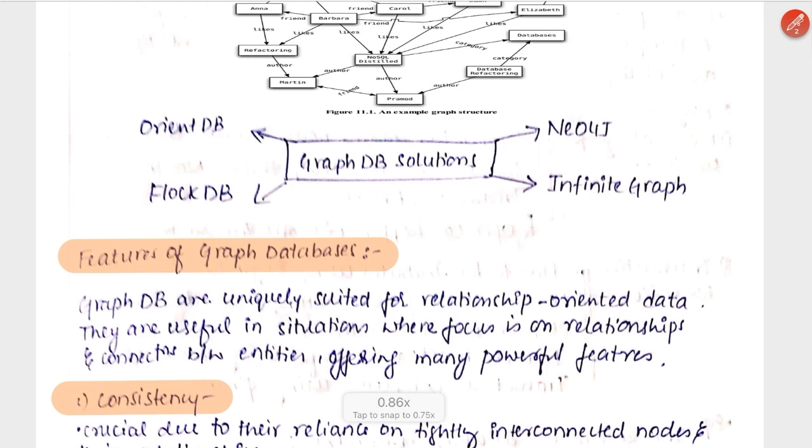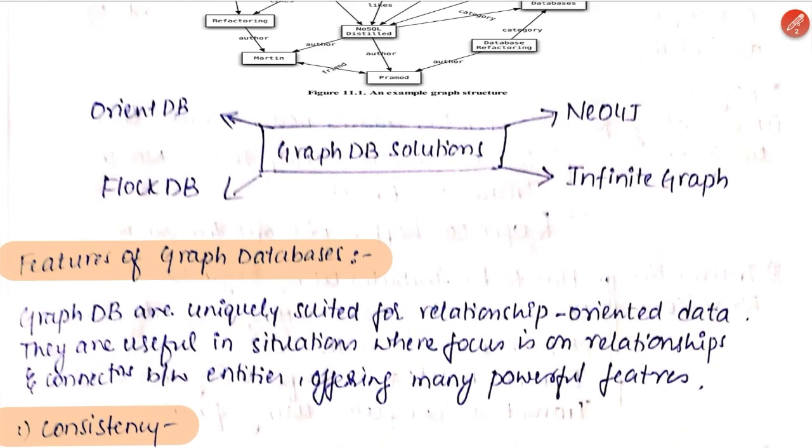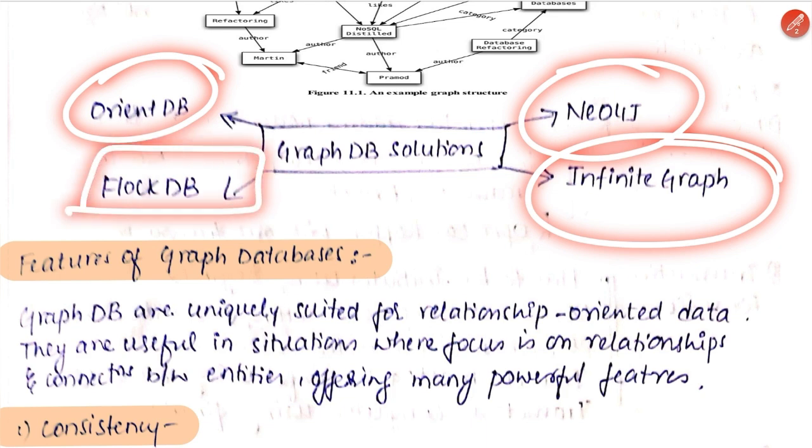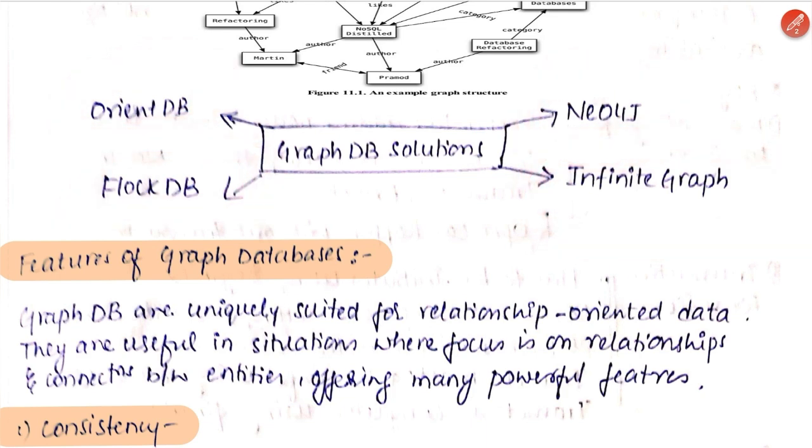We'll look into the graph database solutions. We have Orient database, Neo4j, Infinite Graph and Folk database. Neo4j is a highly popular graph database, which makes use of the property graph model and Cypher query language. By making use of this language, it will store the data and fetch the data easily.